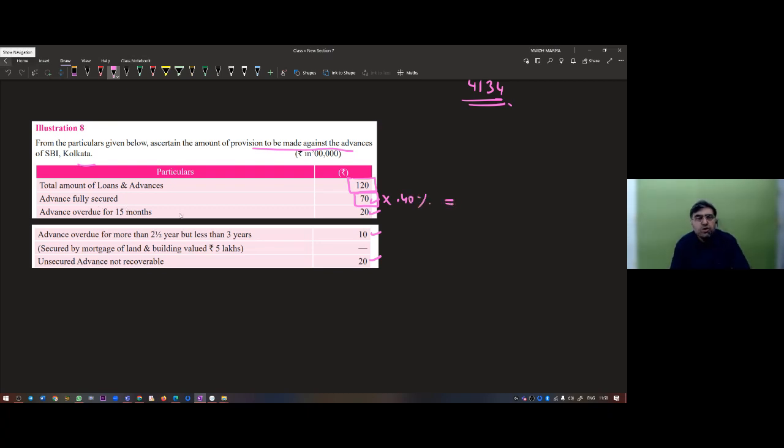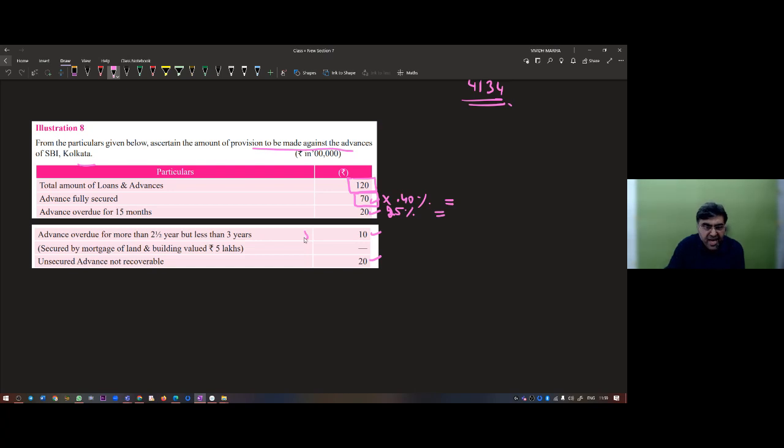Advance overdue for more than 15 months will become doubtful. The provision will be 15%. Doubtful, the provision will become 25%. I will tell you the story later.